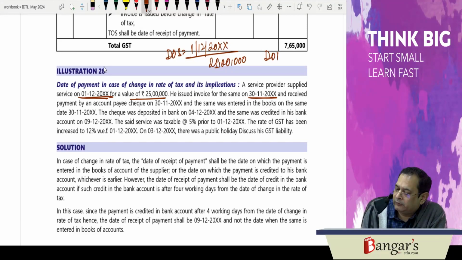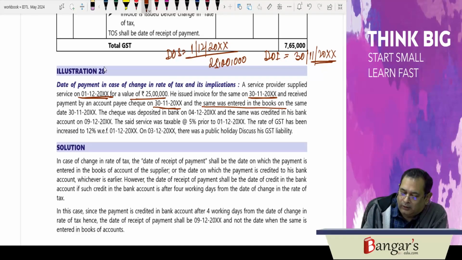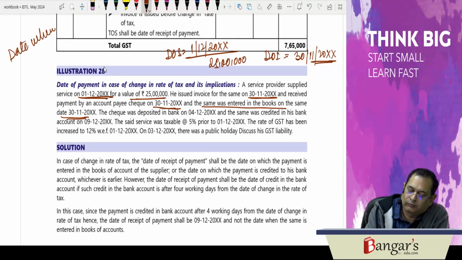Date of invoice is 30th of November. And received the payment through account payee cheque, and same was entered in the books on 30/11. Date when payment is entered in books is 30/11.